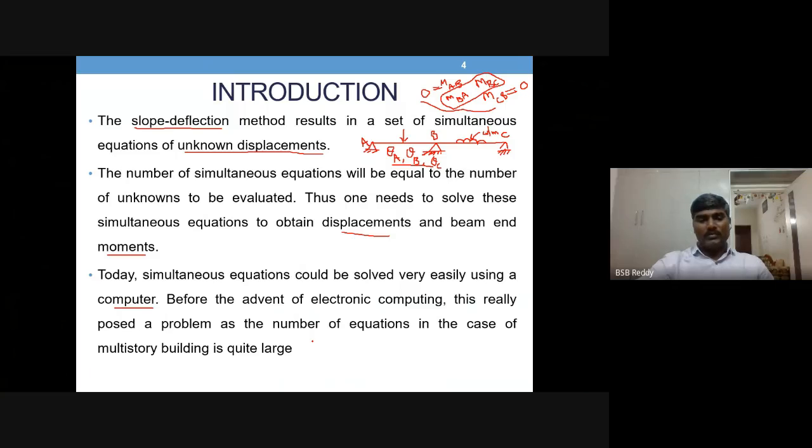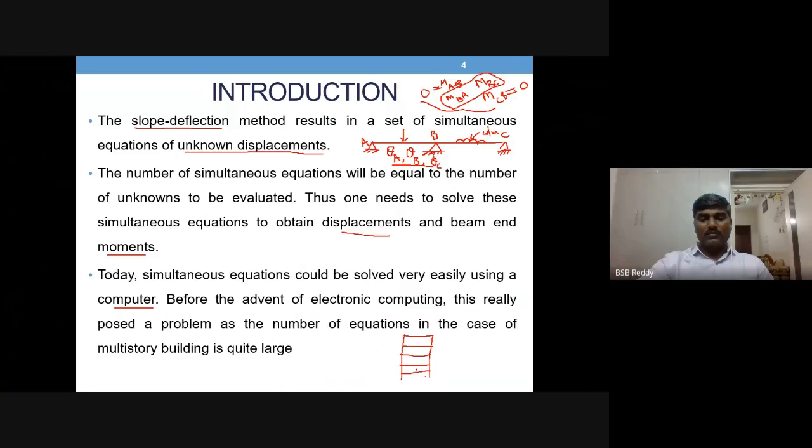The number of equations in the case of a multi-storied building is very high. This was already discussed in our earlier slope deflection method problems.